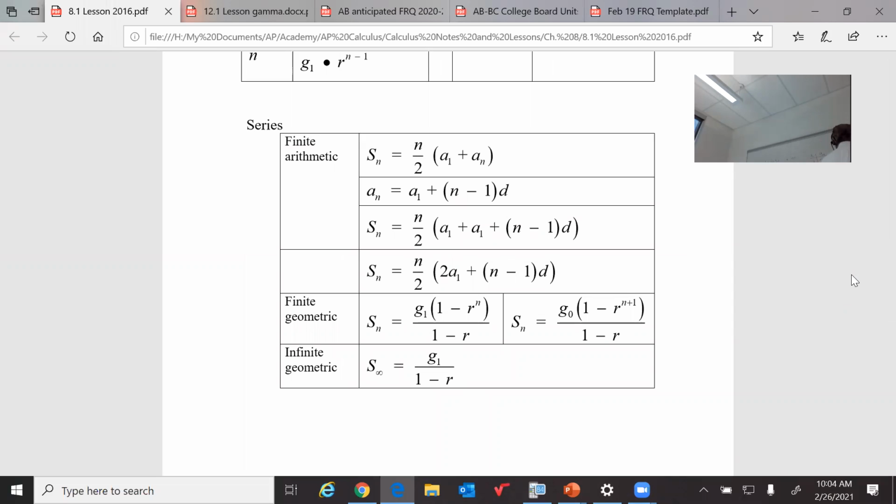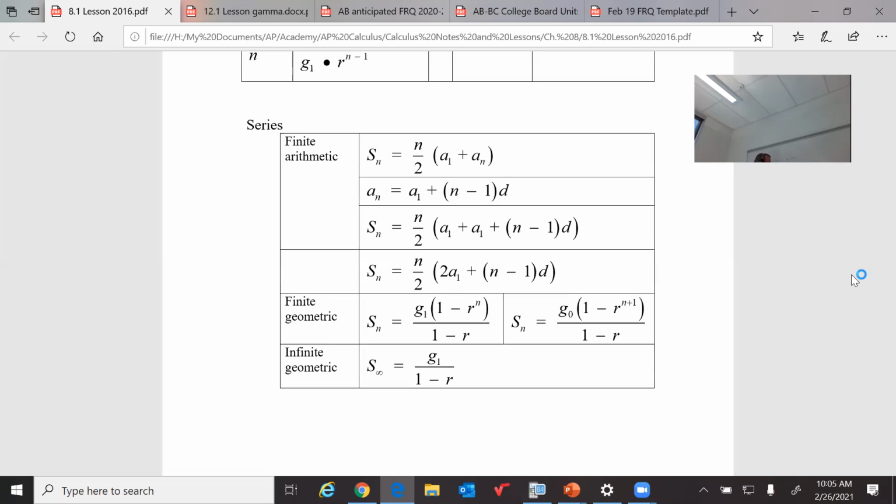So you have this: g sub 1 plus g sub 1 times r plus g sub 1 times r squared plus dot, dot, dot, that's g sub n.